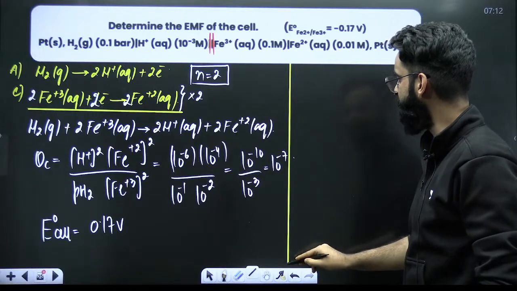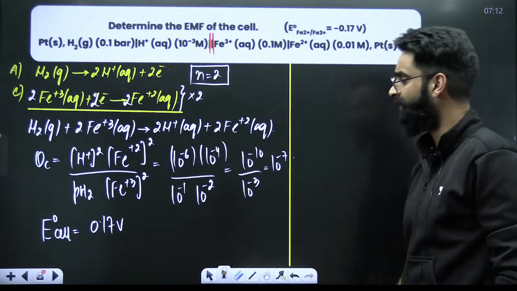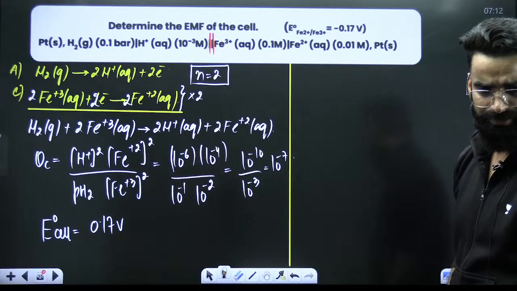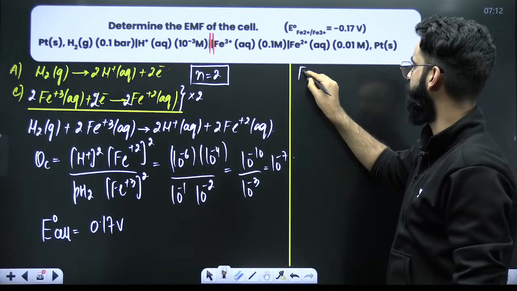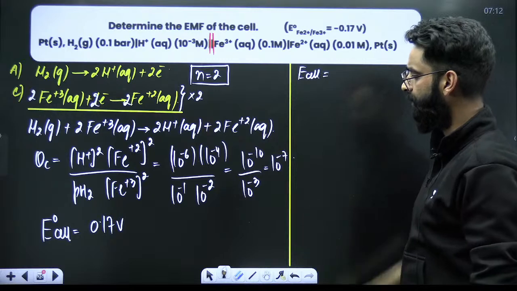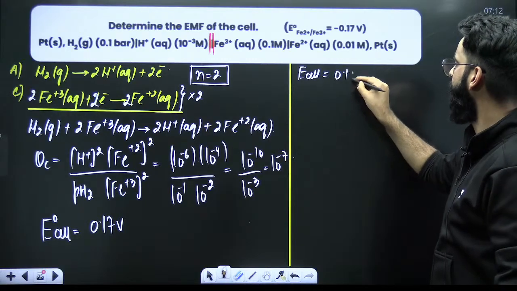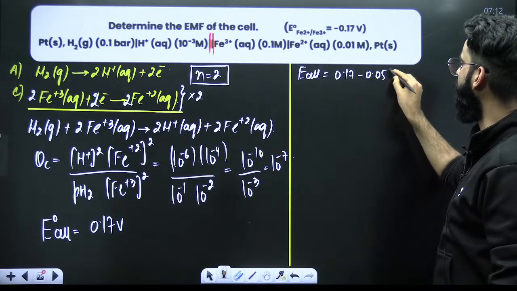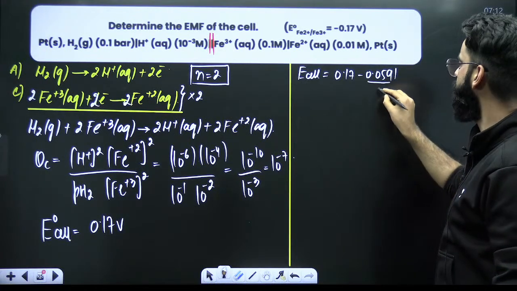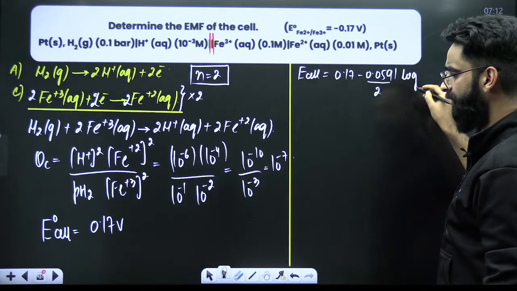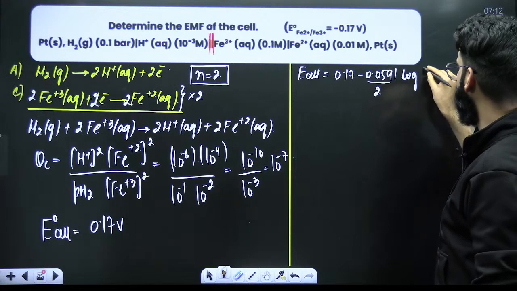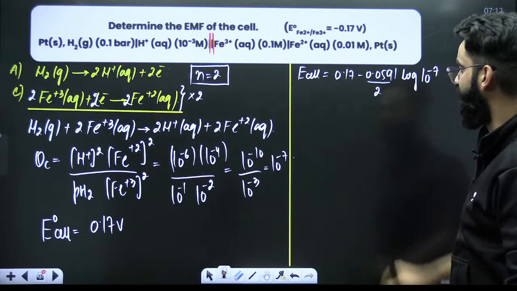Now all the parameters which are needed to write the Nernst equation, we have written. So what I'll be doing now? I'll be using the Nernst equation. I'll say E cell is equal to E naught cell minus 0.0591 divided by n, the value is 2, and it's going to be log of QC. QC value is 10 raised power minus 7, right?